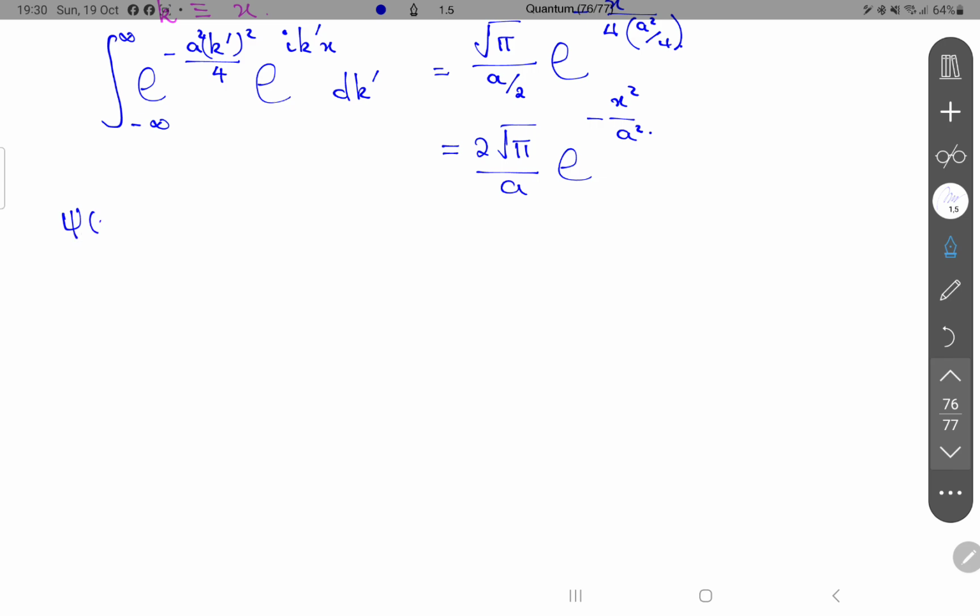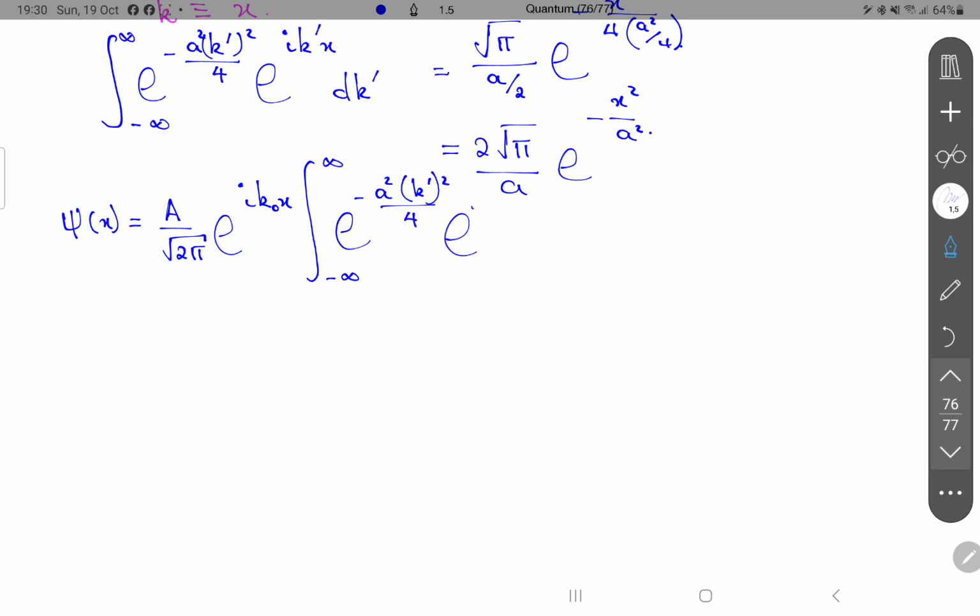So psi of x, remember, was a over root 2 pi, e^(i k naught x), the integral from negative infinity to infinity of e^(-a² k'² / 4) e^(i k x) dk prime.